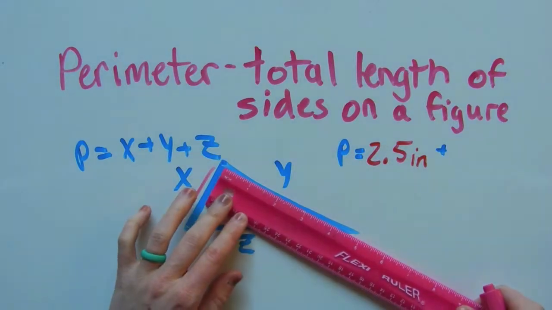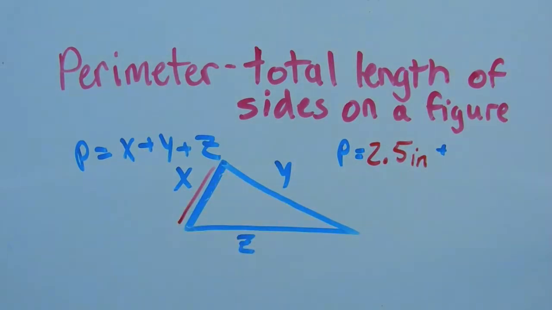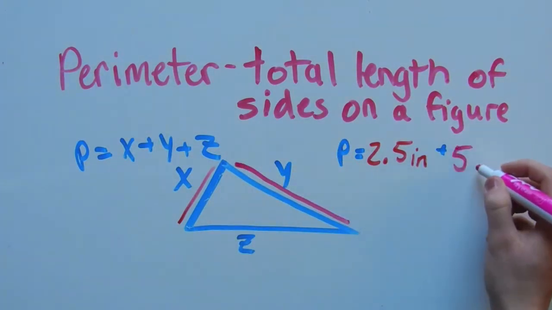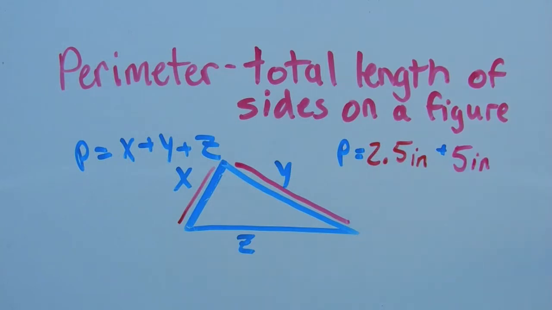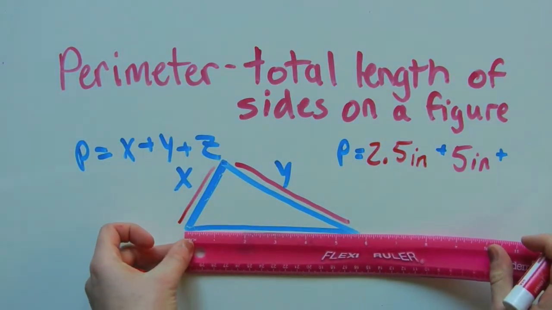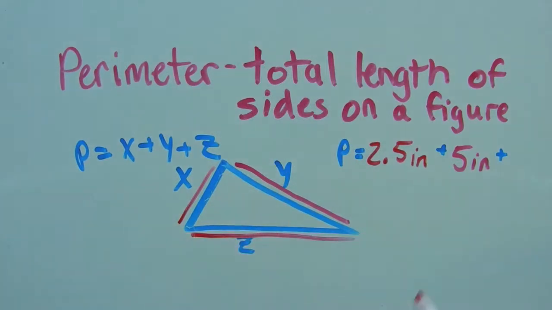We have that y is equal to 5 inches. And we're going to take that 5 inches and add it to the length of z. And z is approximately 5 3/4 of an inch.